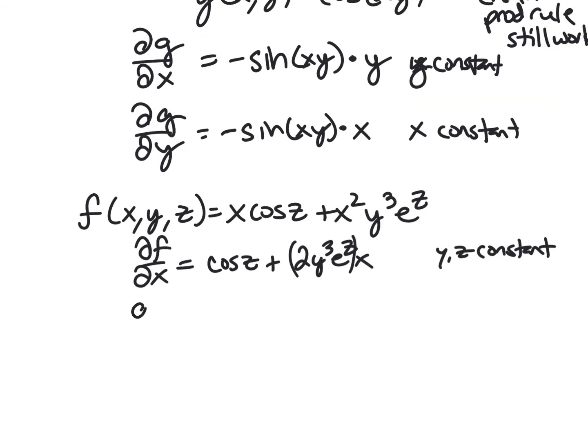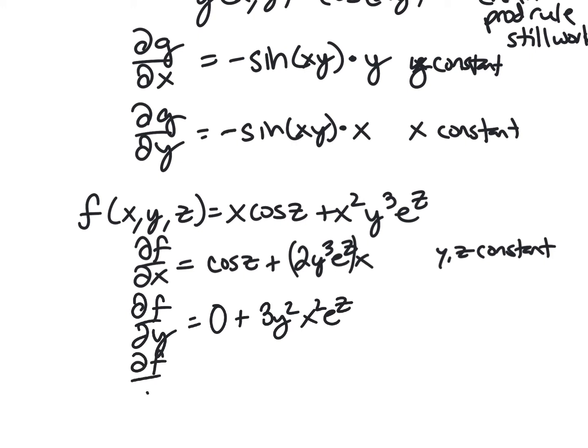Okay, with respect to y, well, your first term is just a constant, so that goes to 0. And then the second one, you've got 3y squared times your constant x squared e to the z. And then finally, with respect to z, cosine of z becomes negative sine z, so negative x sine z, plus, well, e to the z just stays at e to the z, and the constant hangs around out front.